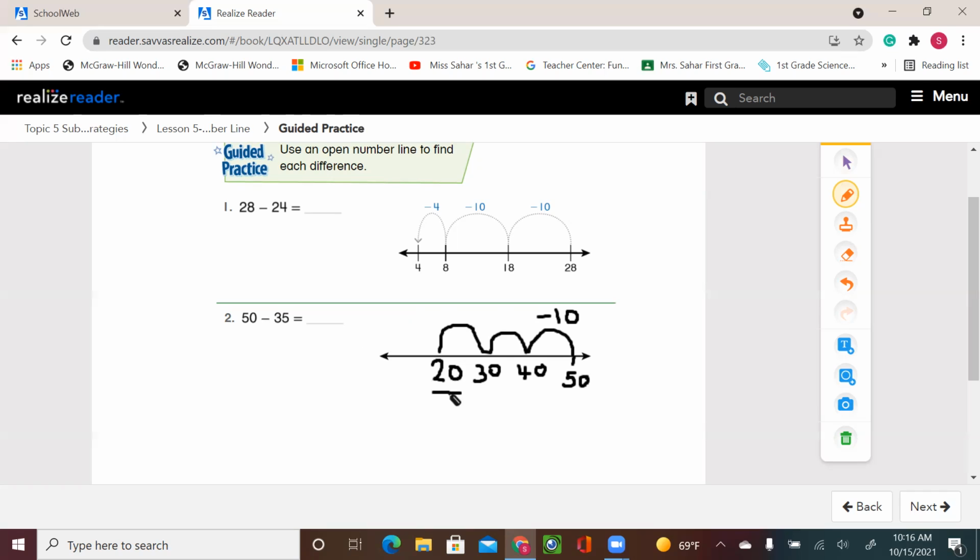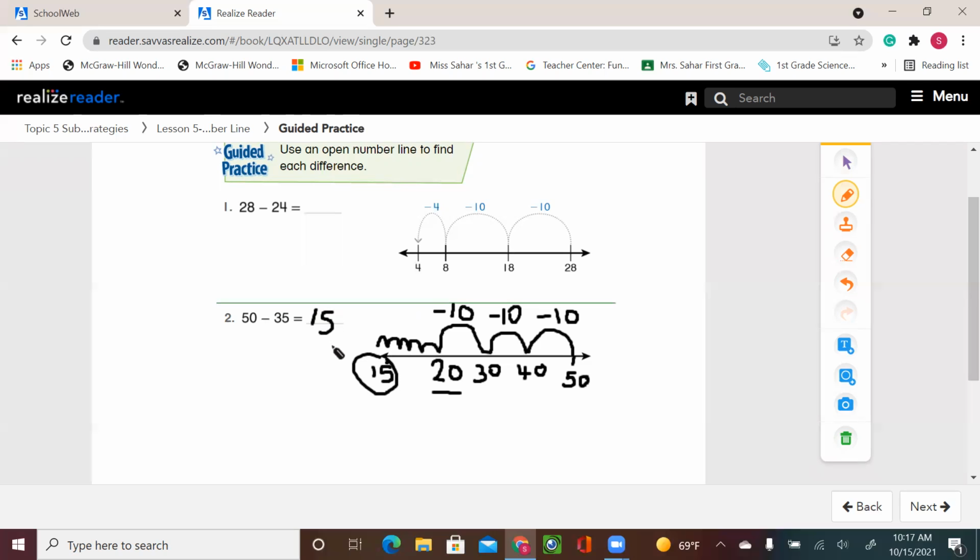So that's minus 10, minus 10, and minus 10. Okay, now I go for the ones. How many ones? 5. So 1, 2, 3, 4, 5. So 20 minus 5 is going to be 15. If you want to go step by step, 19, 18, 17, 16, and 15. So that's my answer. 50 minus 35 equals 15.